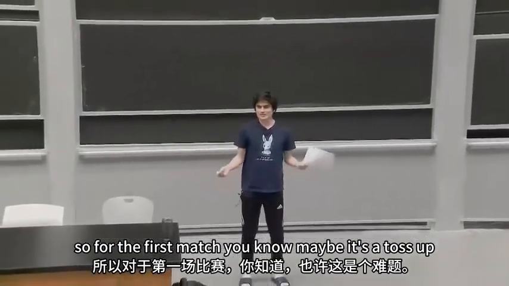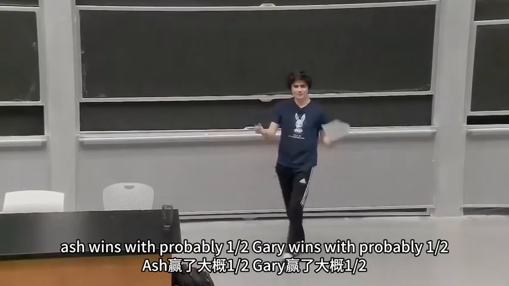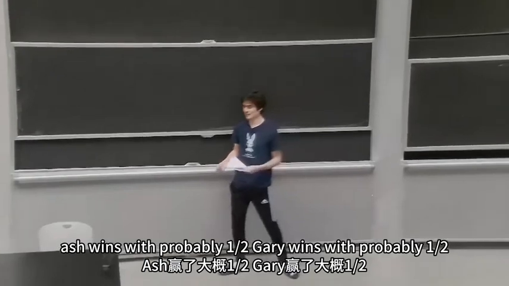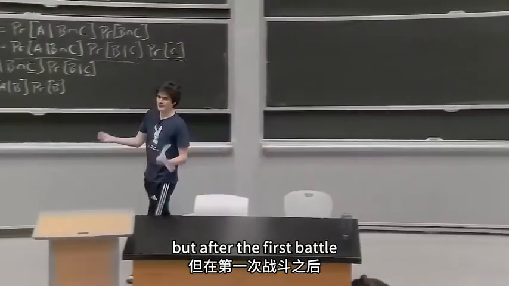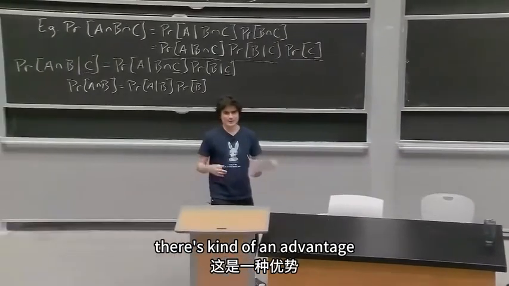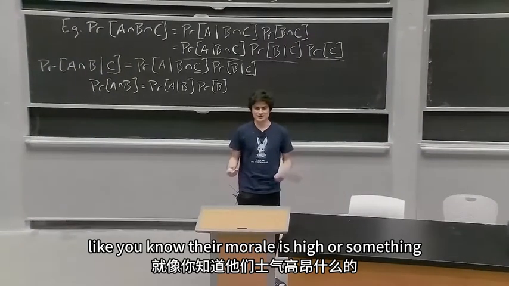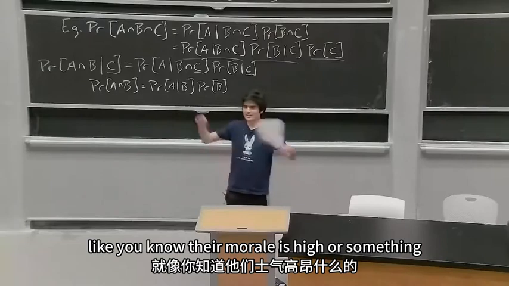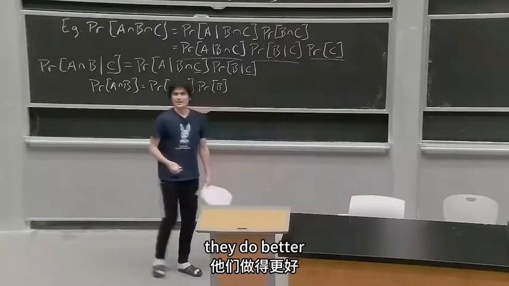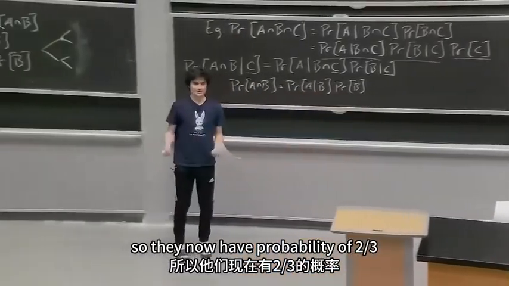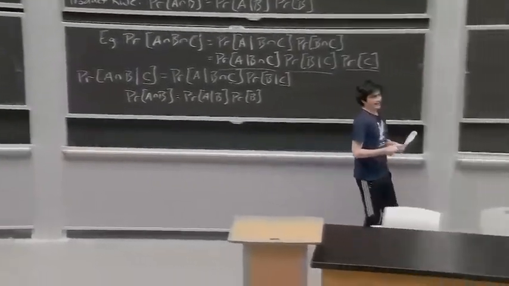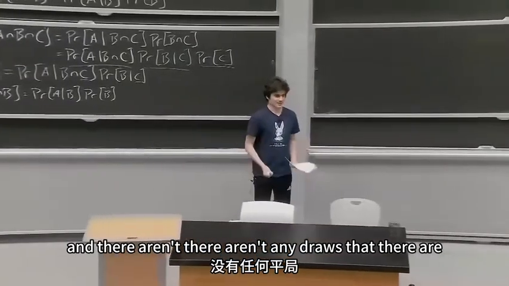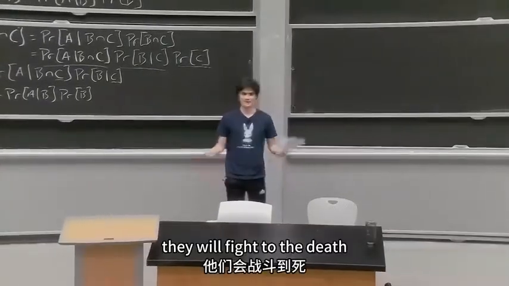For the first match, maybe it's a toss-up: Ash wins with probability 1/2, Gary wins with probability 1/2. But after the first battle, there's an advantage to whoever won the last battle. Their morale is high, so they now have probability 2/3 of winning the next battle. And there aren't any draws. They're bitter rivals, they will fight to the death.